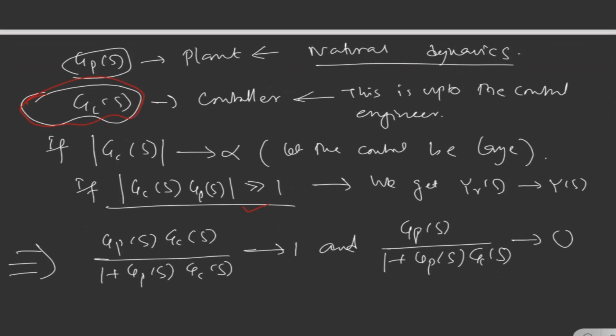This is a very good thing: if you design control in such a way that both conditions can be satisfied, we can get perfect tracking.